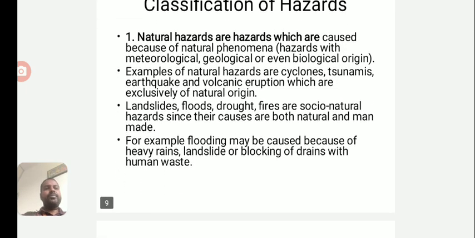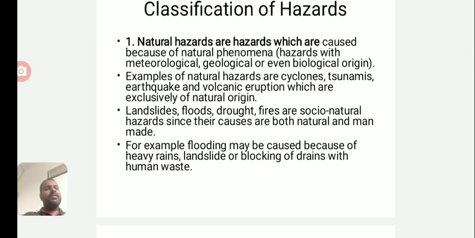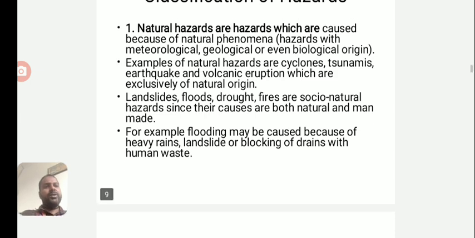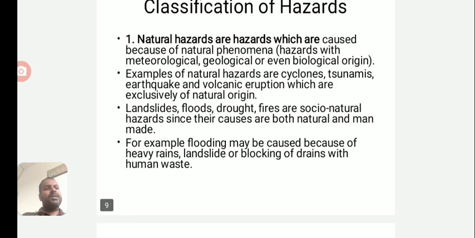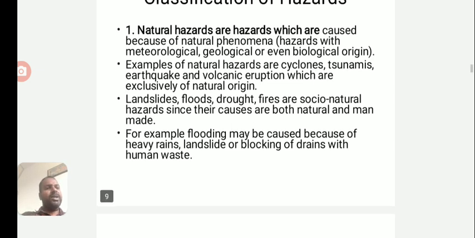Next, classification of hazards. I already said hazards are classified into two main types. First is natural hazards and second is man-made hazards. First we discuss natural hazards. These are caused by natural phenomena, with meteorological, geological or even biological origin.